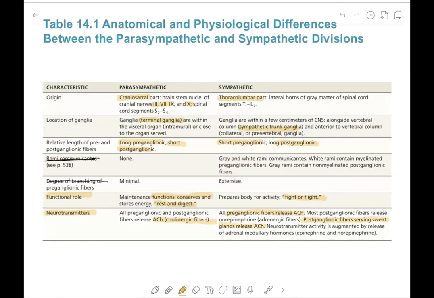But the rest of them are going to release norepinephrine and epinephrine. So really just the tricky part is knowing that this is one of the exceptions, and that the postganglionic fibers for the sympathetic nervous system basically release what essentially is adrenaline, the epinephrine and the norepinephrine. And the parasympathetic division releases acetylcholine.